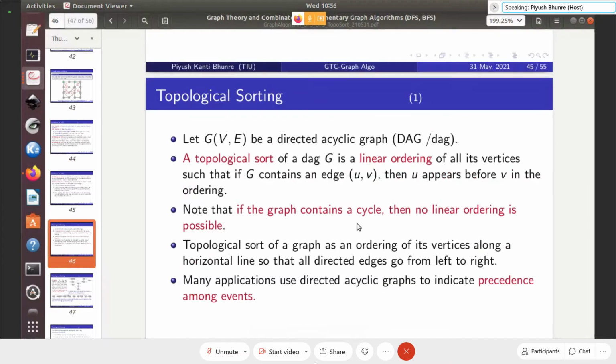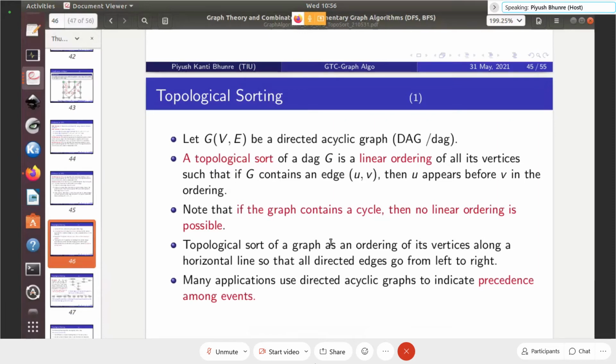In a factory, when a product is produced, there are different units that do something, and one unit may be independent of others or depend on others. So managing in which sequence these different steps have to be executed, so that the final product can be given, is another example where topological sorting is important.